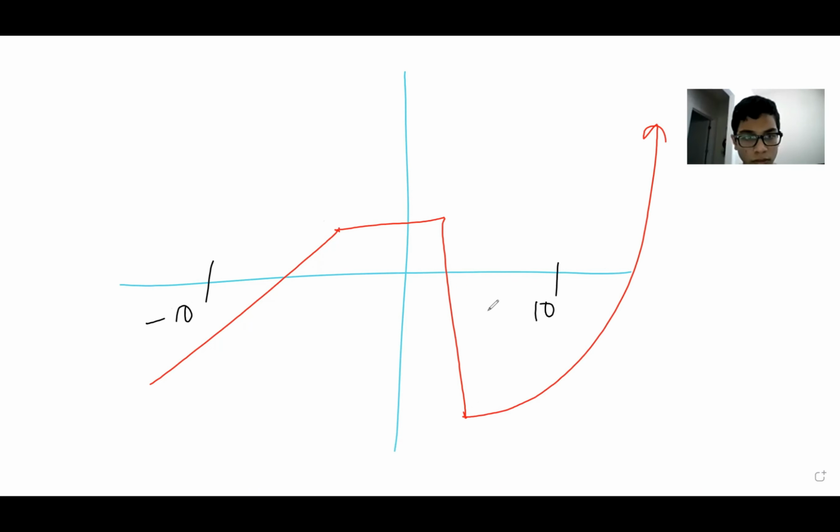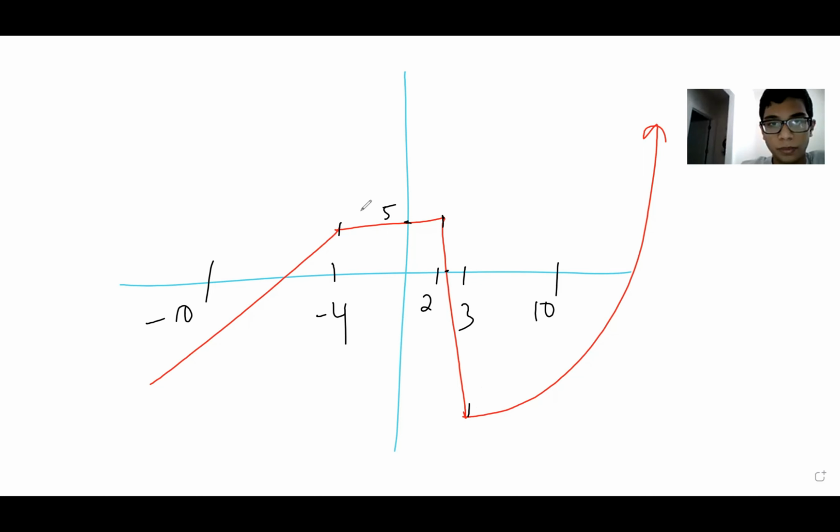Is it okay? That's fine. I want you to tell me, let's say this point here is at -4, and this point here is at 2, right? This point here is at 3.